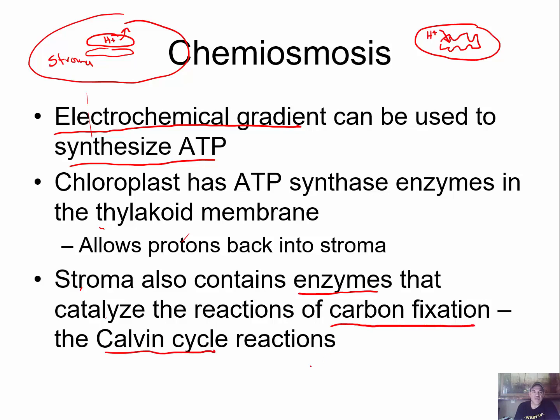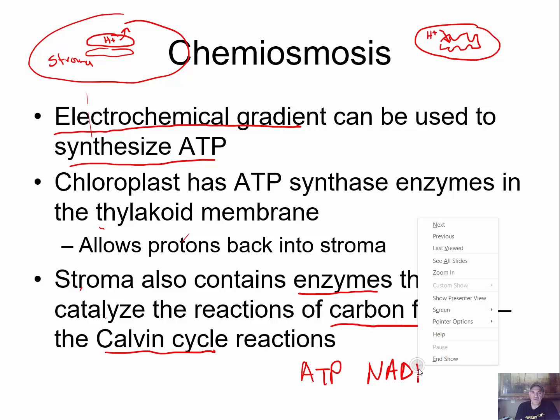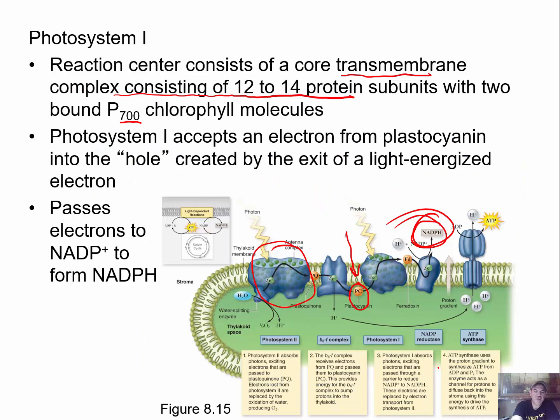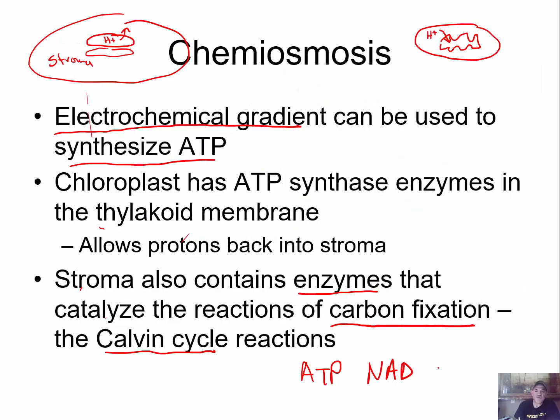The molecules created during the light reactions, ATP and NADPH, are going to be used to power the cycle with ATP and reduce CO2. NADPH has some reducing power to help us reduce carbon dioxide to make our organic molecules of glucose.